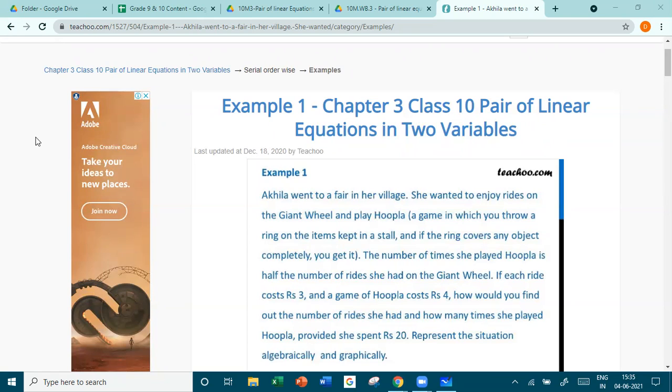No, ma'am, it's 4 and 2, if each ride costs rupees 3. Okay, correct, fine. Got it. Yeah, Jasmine, Aditya, your answers are correct. Cool.